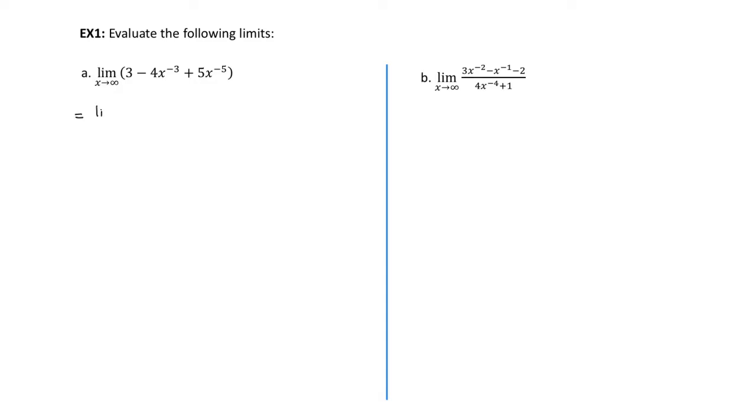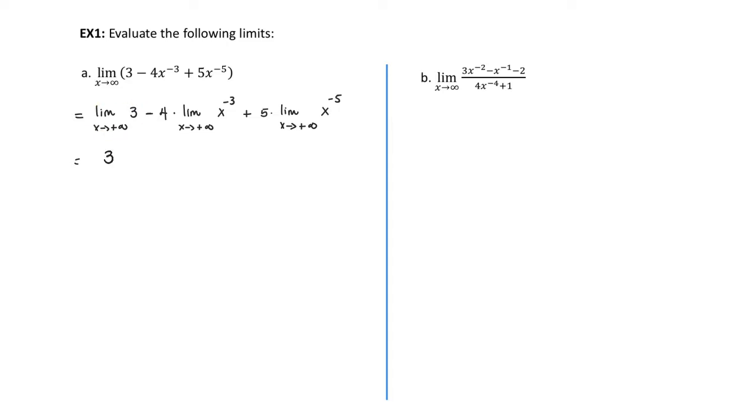So this will be equal to the limit as x approaches positive infinity of 3, minus 4 times the limit as x approaches positive infinity of x to the negative 3, plus 5 times the limit as x approaches positive infinity of x to the negative 5th. This first limit is the limit of a constant.